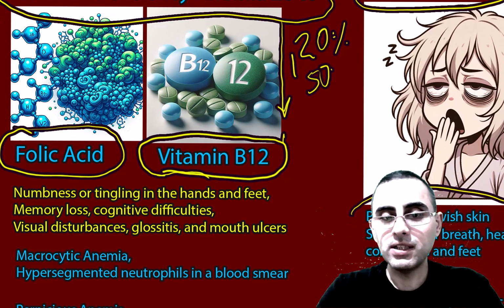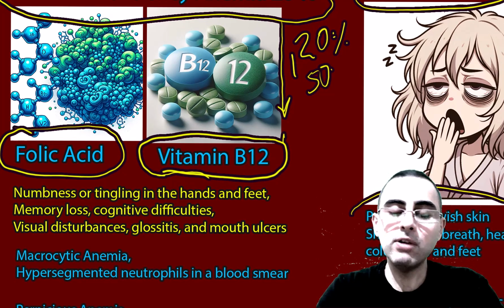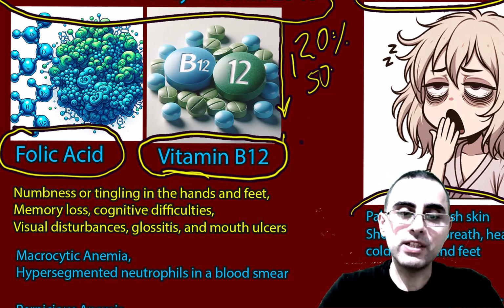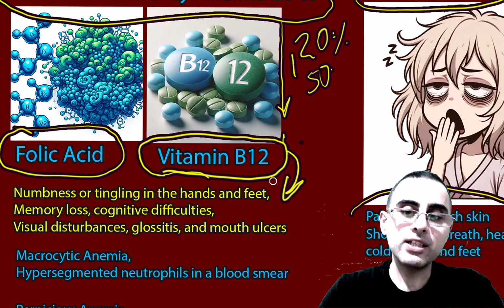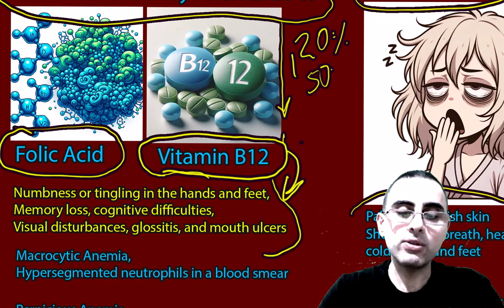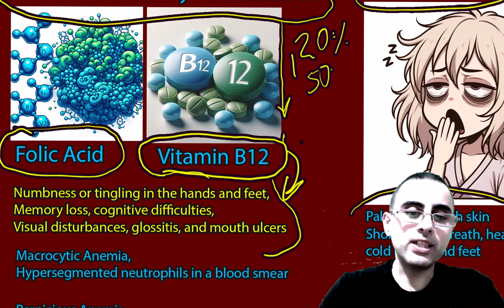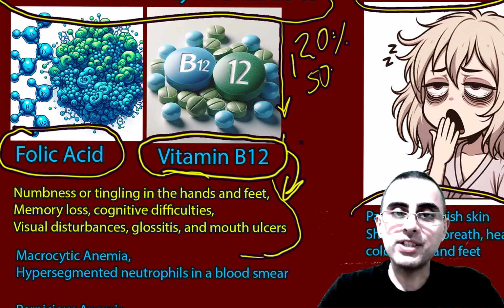What are the different symptoms, and how can we differentiate, for example, vitamin B12 deficiency from iron deficiency anemia? With symptoms, here we also have neurological symptoms, like numbness or tingling in the hands and feet, memory loss, cognitive difficulties, visual disturbances, glossitis, or mouth ulcers.